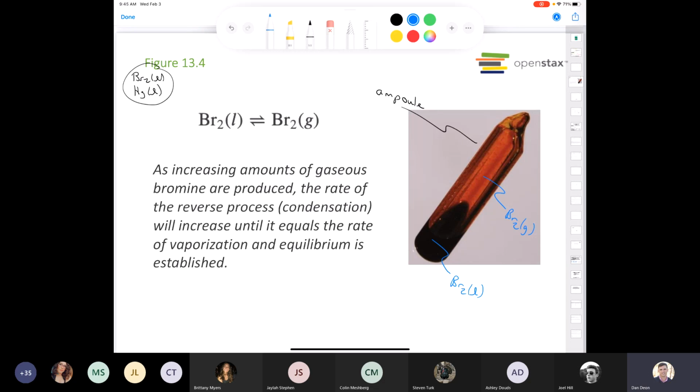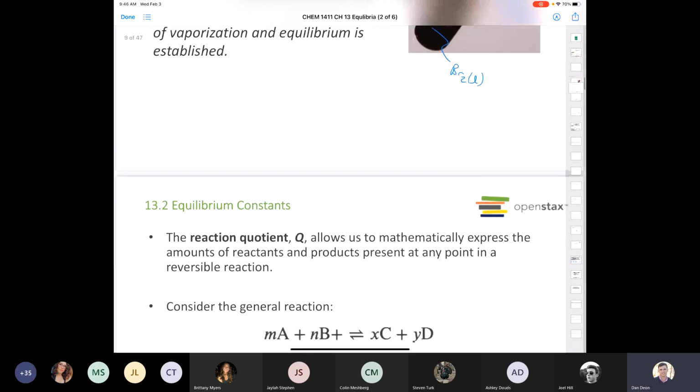If you take some bromine in the liquid phase and put it in a sealed glass vial, immediately you'll start to see some of it vaporize, and then it reaches an equilibrium where the rate of evaporation is equal to the rate of condensation. We can write that on the top, that's evaporation, and on the bottom, that's condensation. I just want to give you some examples of equilibria.